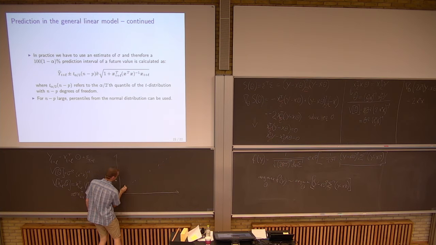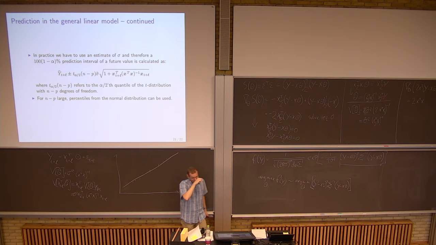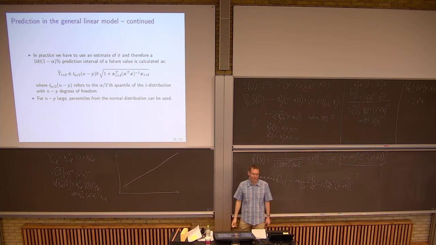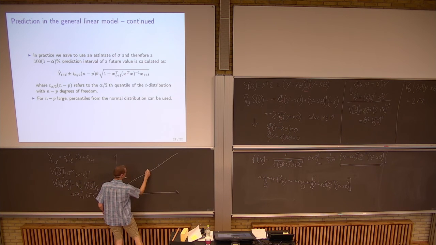We fitted a straight line to this data, and we were happy. We got some estimates of the variance of this, and then if I draw this for some different values, do you know what it would look like?